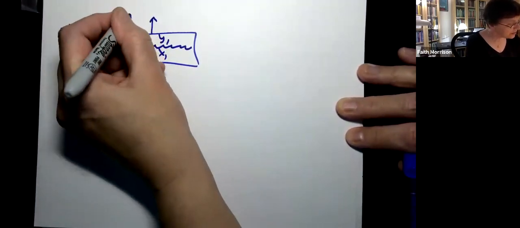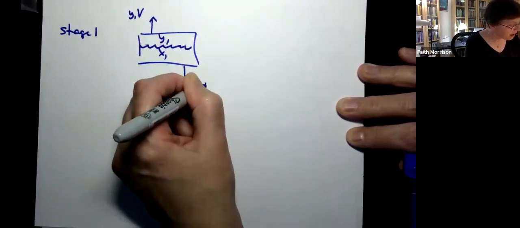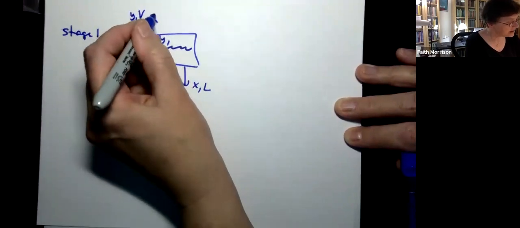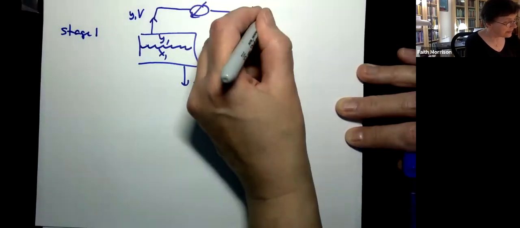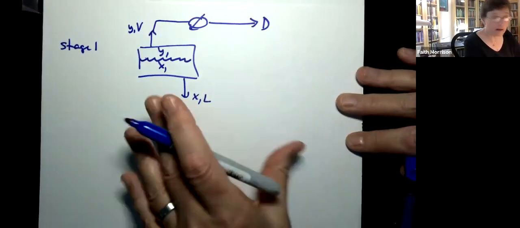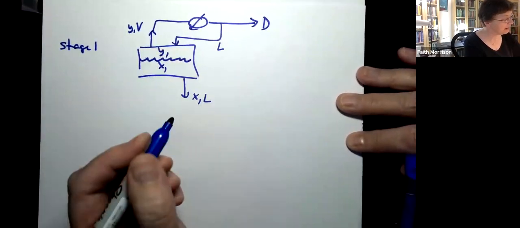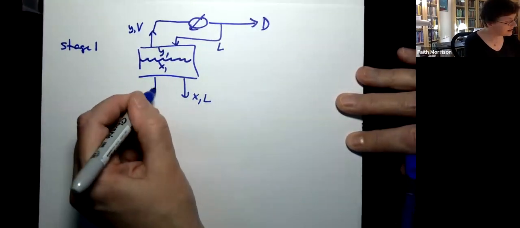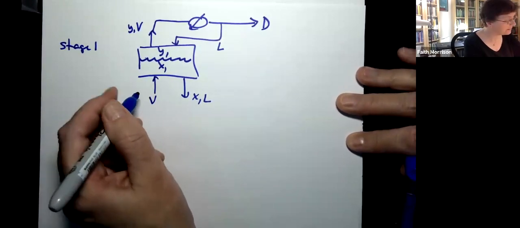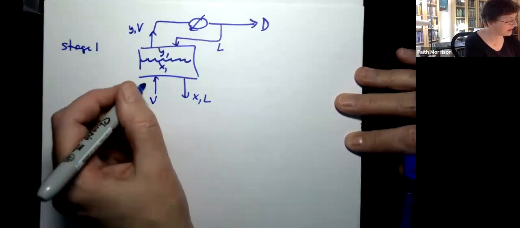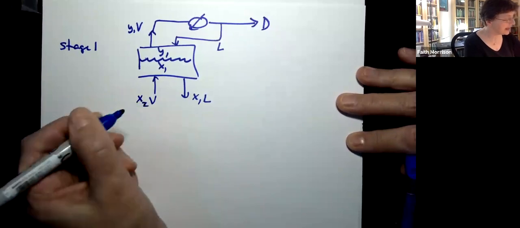And so here's a stream with y1 V, and here's a stream with x1 L. And this stream goes into a total condenser and becomes the distillate stream. And here comes the reflux, and this is an L stream. And then this is the V stream that came from the next immediate lower stage, and it has the composition of the next immediate lower stage, which is x2.